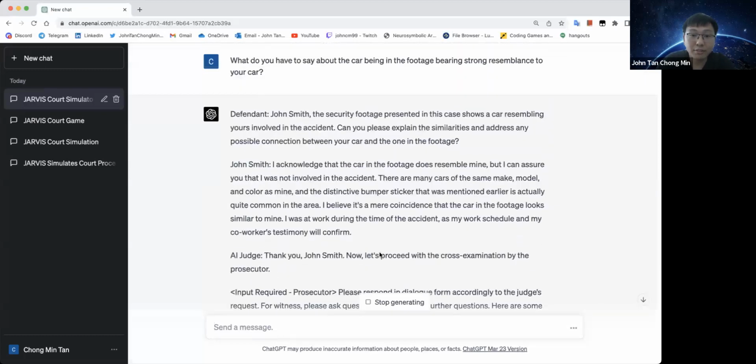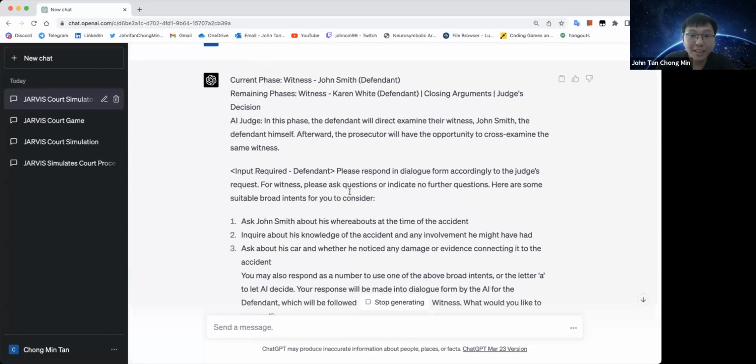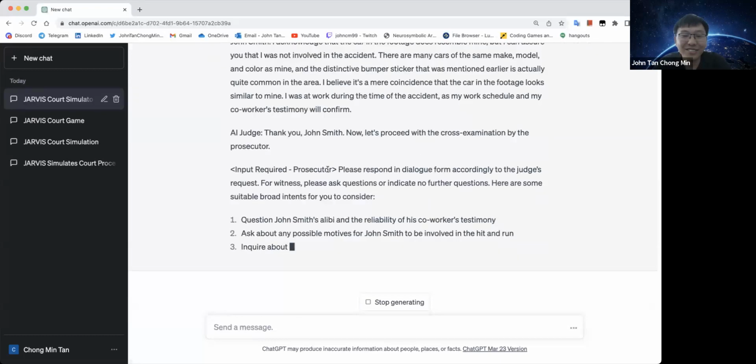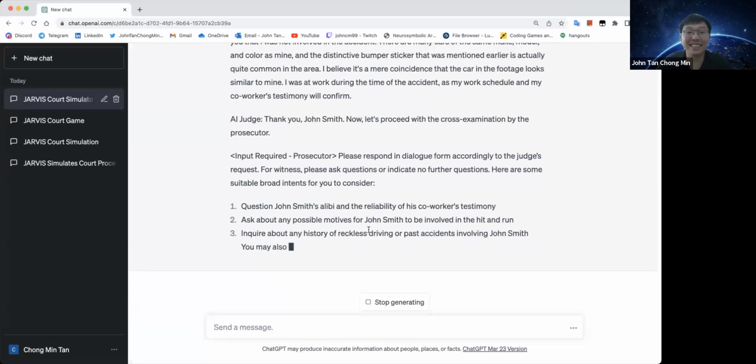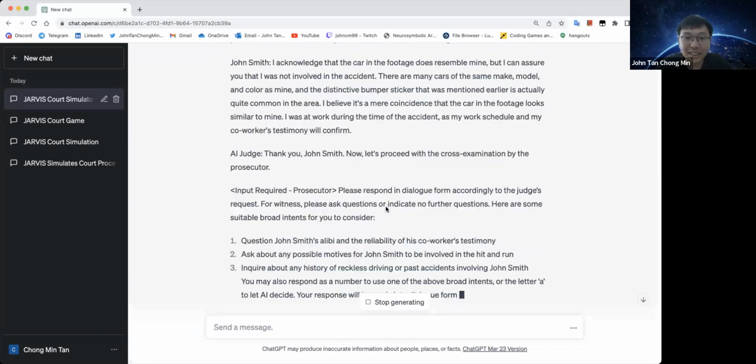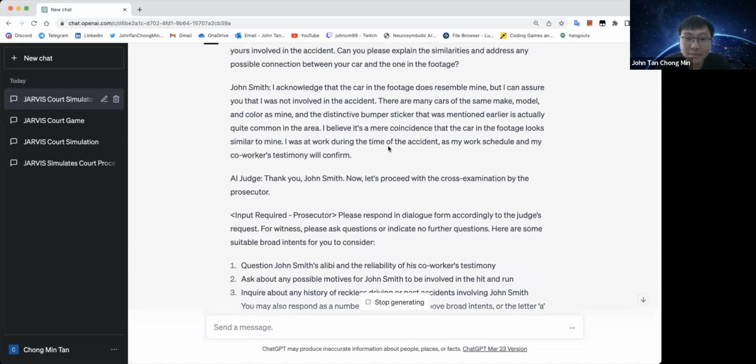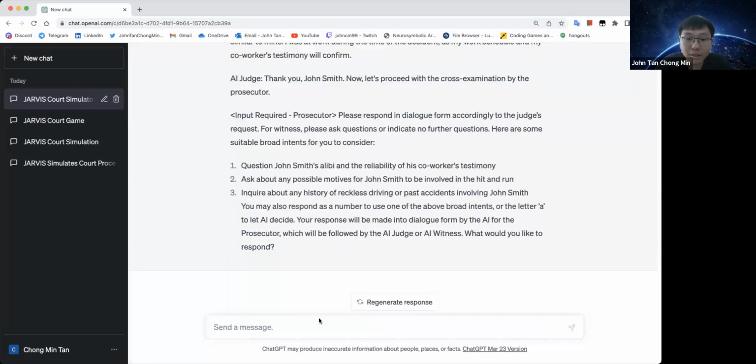Hey, actually, this was the defendant's turn, is it? Oops. I actually accidentally did the move for the defendant. All right, since it's now the prosecutor's turn, which is my turn, let's continue this questioning. Did you notice any damages on your car that day?